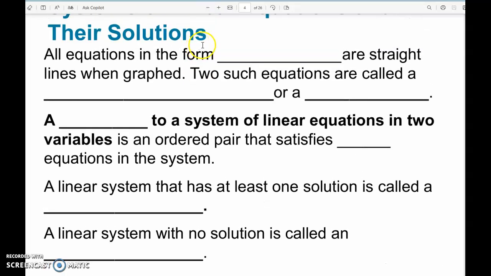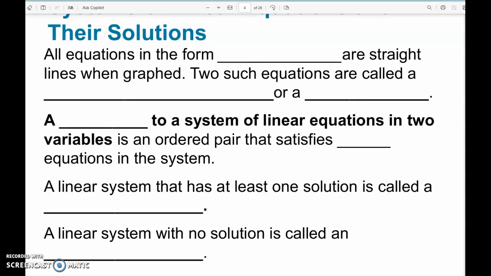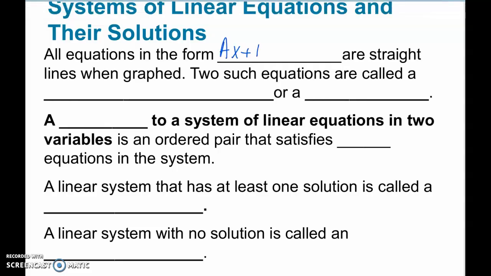So it says all equations in the form ax plus by is equal to c are straight lines when graphed. 2 such equations are called a system of linear equations, or a linear system.